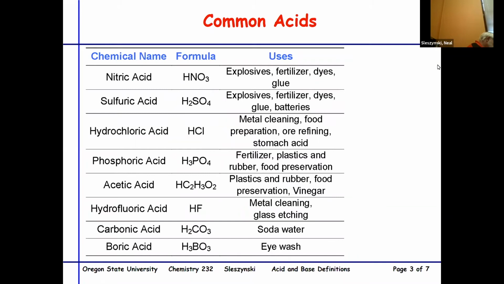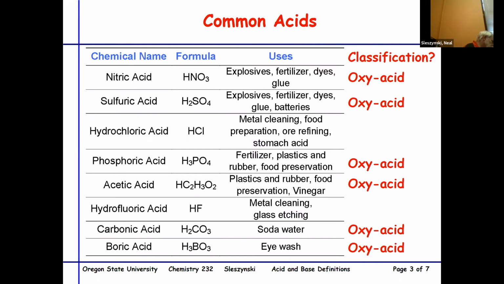Well, common acids that we find in industry, in the environment, and sometimes in our own households have different classifications. The first classification of acids are acids that are called oxyacids.